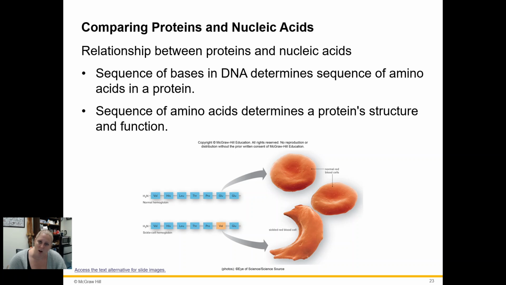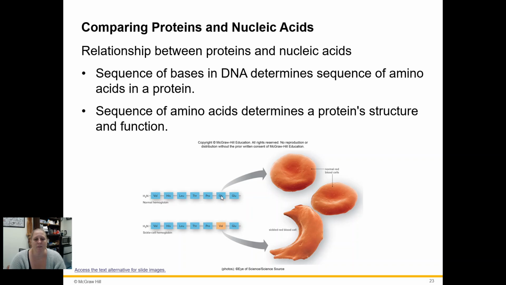When we have errors in DNA, we can see errors in the proteins that are made. For instance, a classic example being sickle cell hemoglobin or sickle cell anemia. If you have normal hemoglobin, you have an amino acid called glutamine. In sickle cell hemoglobin, that glutamine is changed out for a valine in that amino acid sequence.